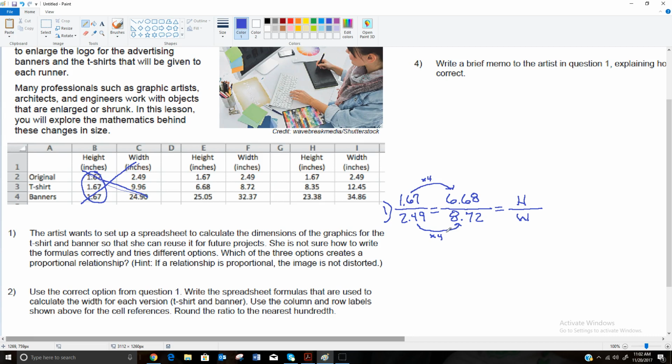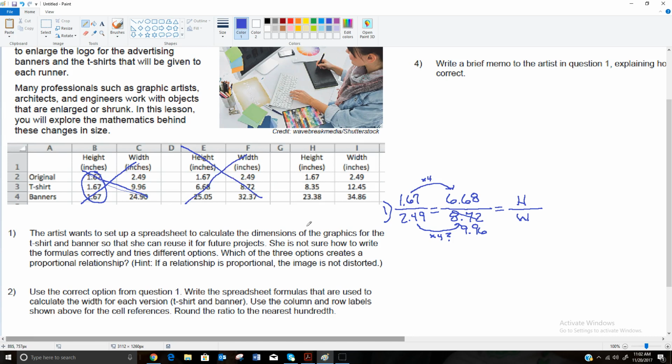And the answer is no. If you do that, you actually get 9.96. So this is not correct. This 8.72 is not wide enough to keep the original image looking the same. And there's no need to check the second one because we're supposed to pick one of these columns. So if that one doesn't work, then this one's out.